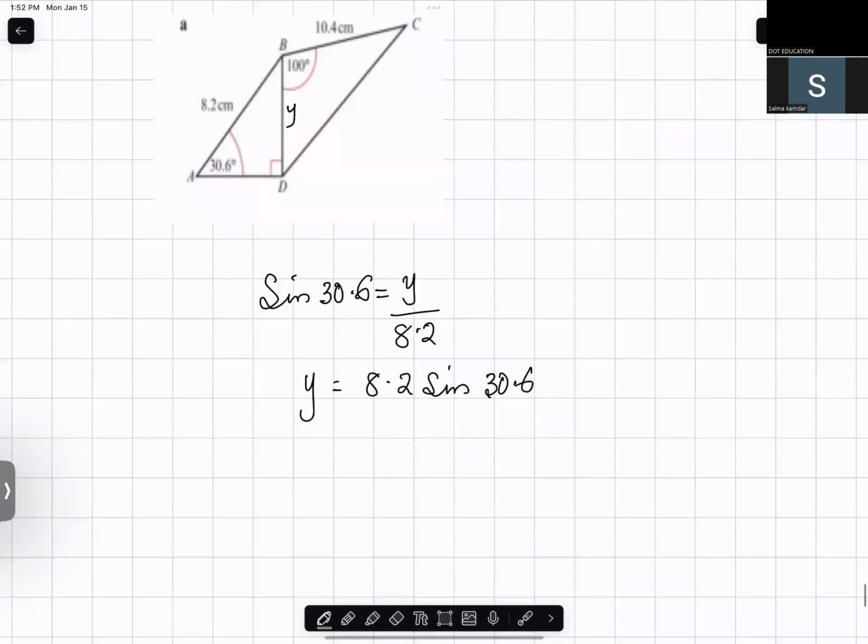So 8.2 sine 30.6 is 4.17. So my y is 4.17. I've gotten this part as 4.17. So we can use this to solve for the area of both of the triangles, because this can give us the base and this can give us the height of our triangle.